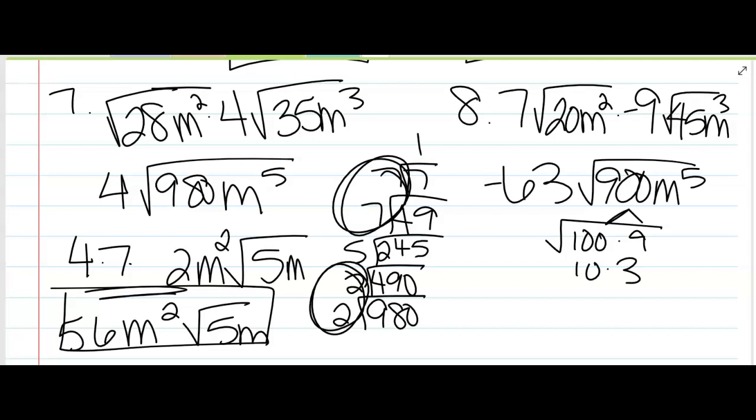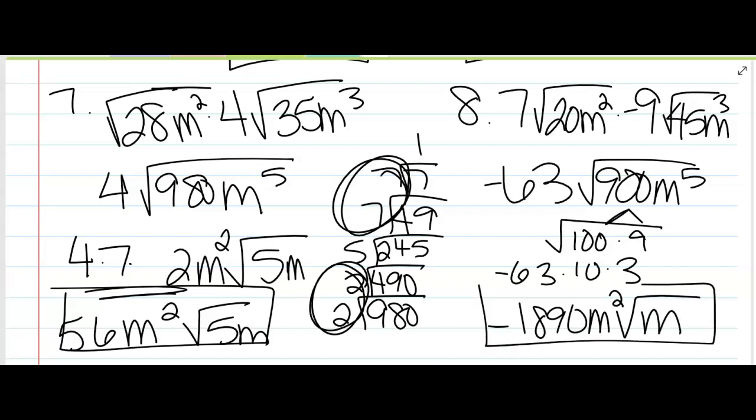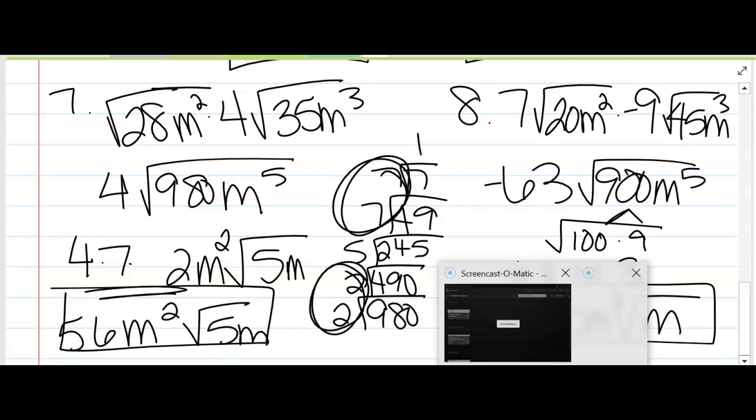So what I have is on the outside, I have a negative 63. I have a 10. And I have a 3. If you multiply all of those together, you get negative 1,890. And then we just have to figure out the variable part. So m to the 5th, I can make 2 pairs on the outside, and then I'm going to have 1 m left over on the inside there.